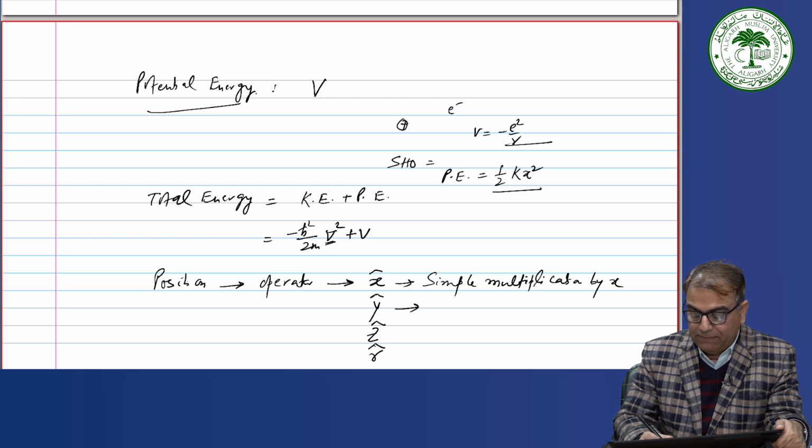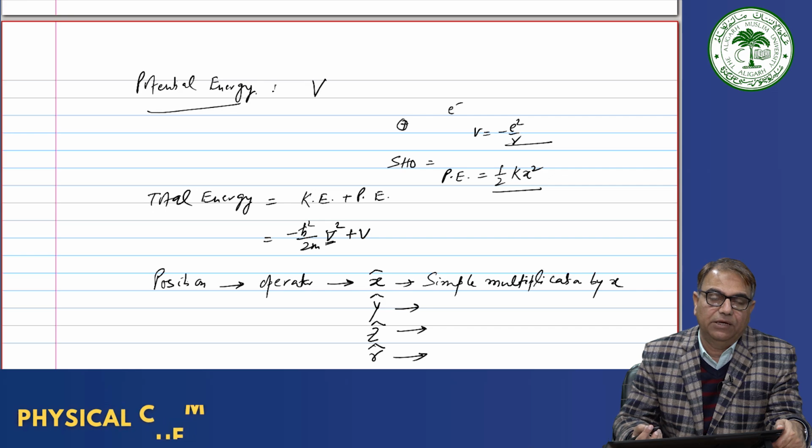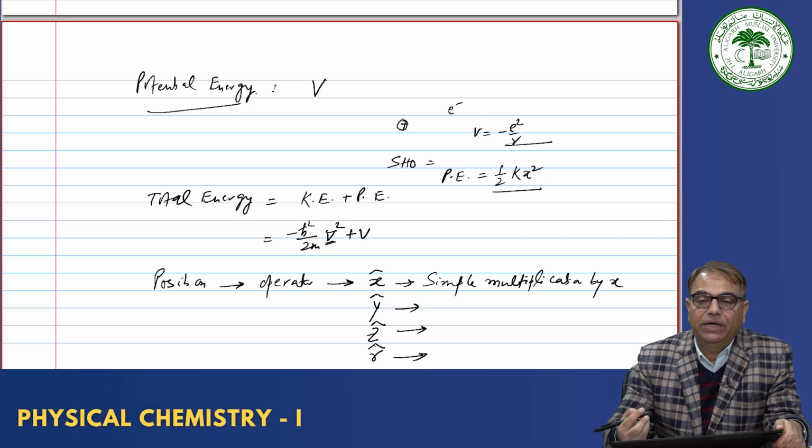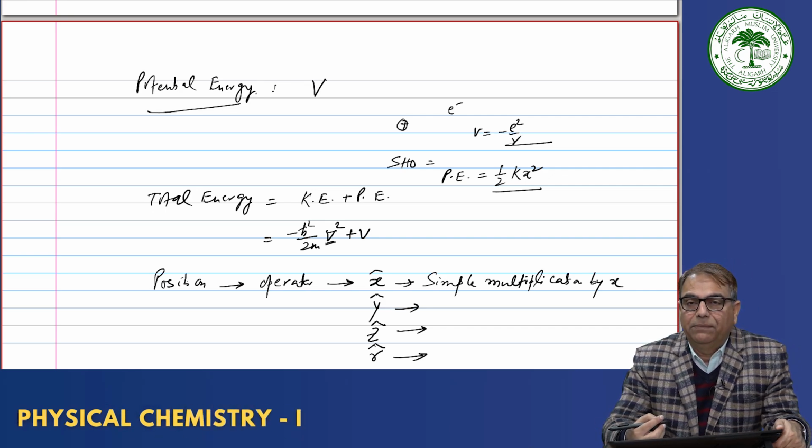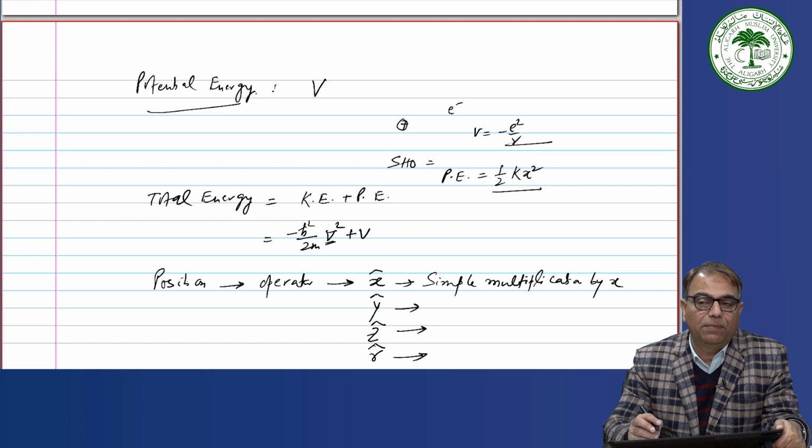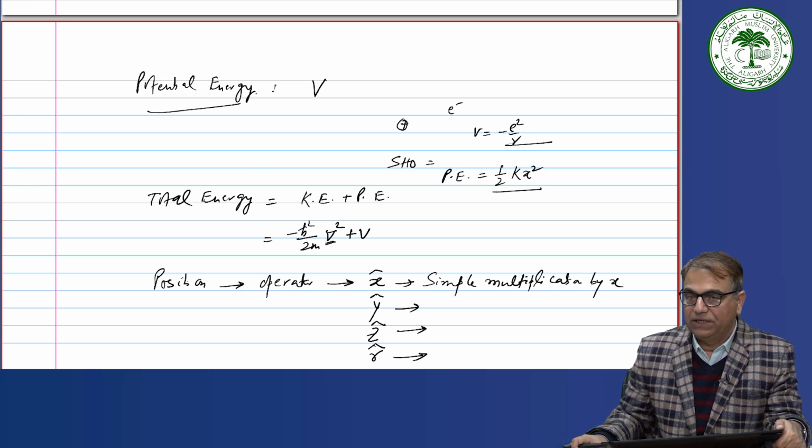So, all these are multiplication by y, multiplication by z, multiplication by r, and so on. Okay. So, in order to get the operator for a particular physical variable of the classical mechanics, you need to write that variable in terms of coordinate and momentum, and then use the operator for position and operator for momentum, and you will get the new operator for the new physical variables.